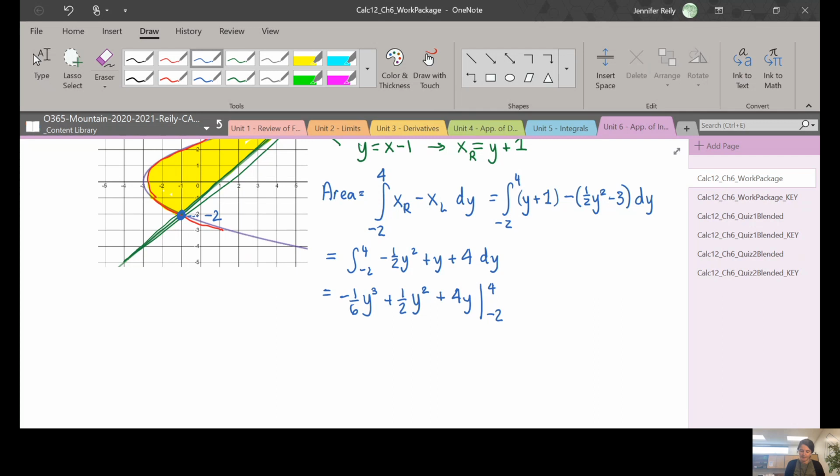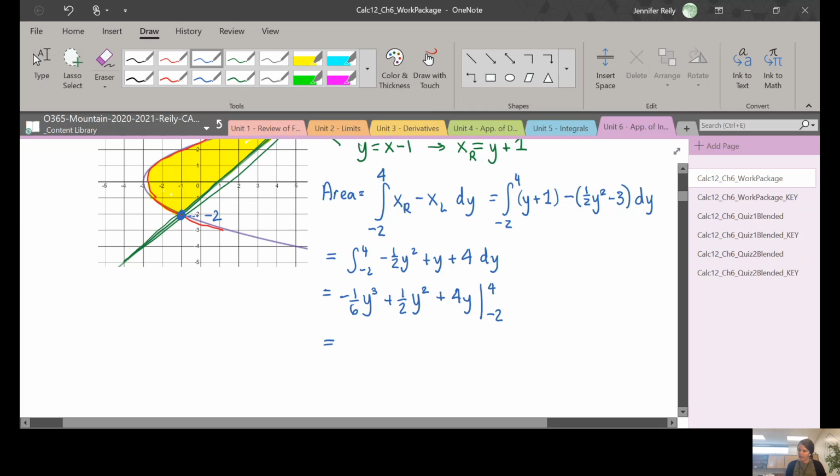That looks all good. Okay, awesome. So now we're going to plug in 4 and -2. So I'll have -1/6 times 4 cubed plus 1/2 times 4 squared plus 4 times 4. And then I'll have -1/6 times -2 cubed plus 1/2 times -2 squared plus 4 times -2.